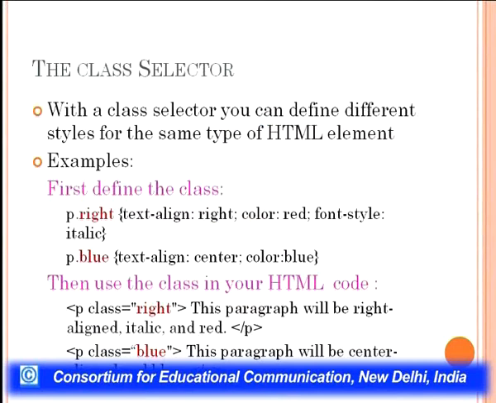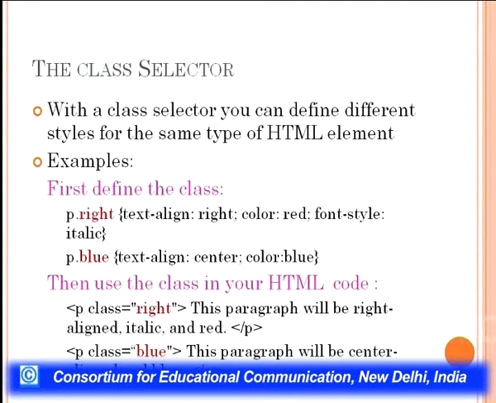Now besides this, it is also interesting to note that in Cascading Style Sheets we can create classes of our own. You can create a class selector, you can define a style definition for a particular class, and then instead of using that for different tags you can simply use the name of the class.